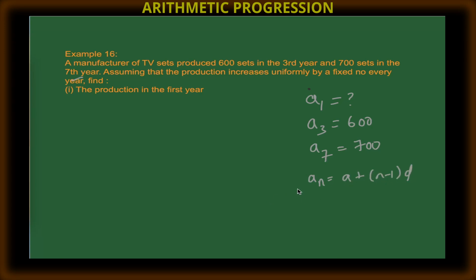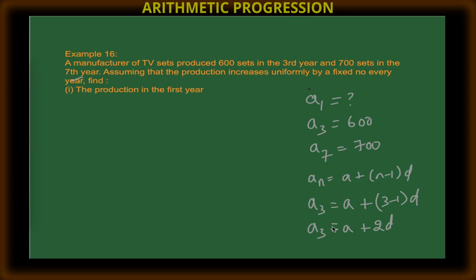Let's try to simplify this here. So a3 is equal to a plus, n is nothing but 3 minus 1, and d is not known. So a plus 2d.